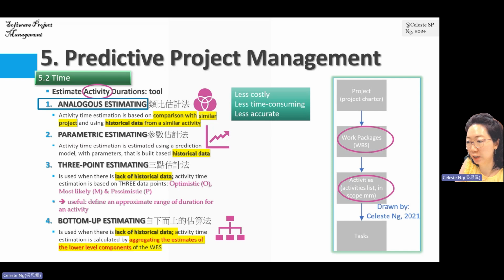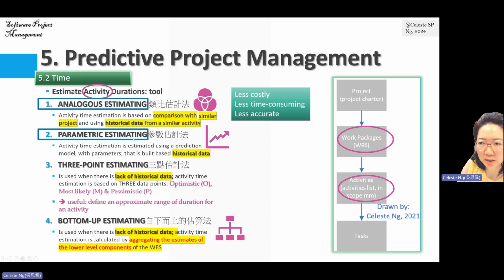All right. We are making use of our past data to estimate our current activity, because they are similar.